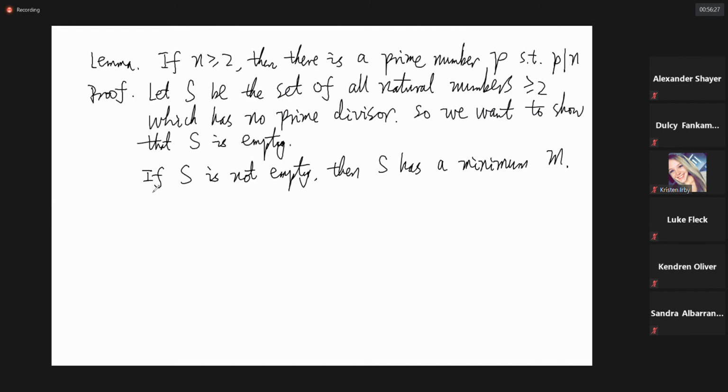Okay, all right. So since M is a member of S, if you look at the definition of S, it is the set of all natural numbers greater than or equal to 2 which has no prime divisor. So M has no prime divisor.